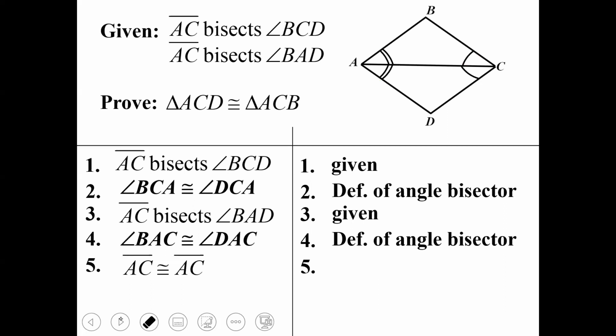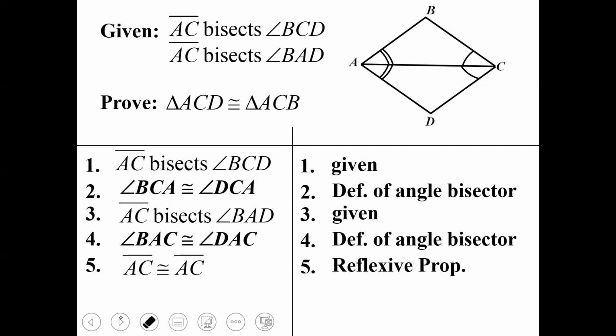The midpoint cuts the line segment into how many equal pieces? Y'all, if it was midpoint, it would say midpoint somewhere up here. It doesn't say midpoint. Y'all look, y'all told me AC is congruent to AC. How do you know that those two lines are congruent to each other? Yeah. Good, it's the reflexive property. Y'all be careful. The reflexive property tells us that line AC is congruent to line AC. Okay.